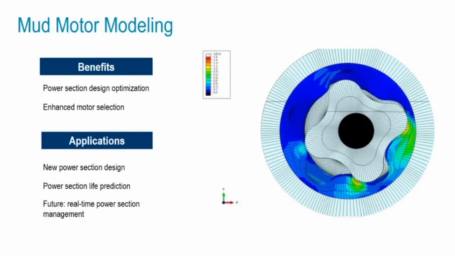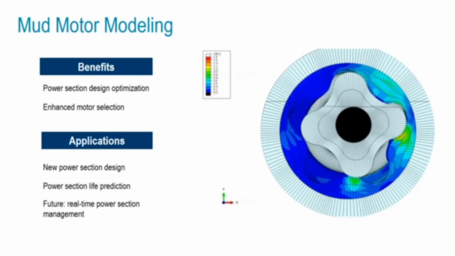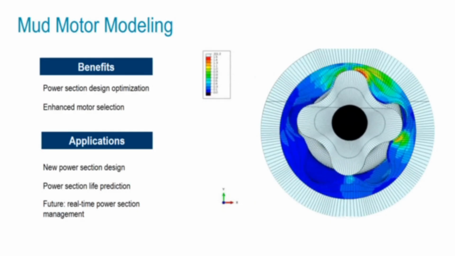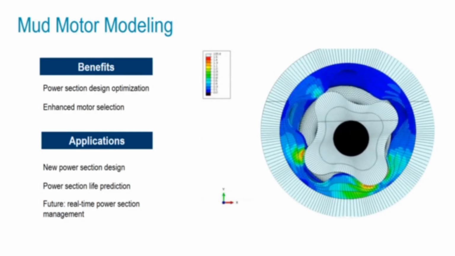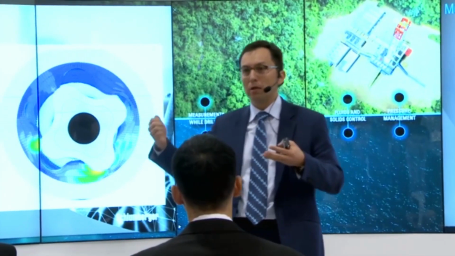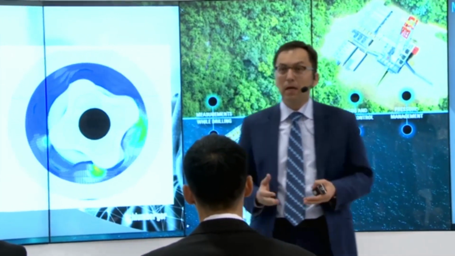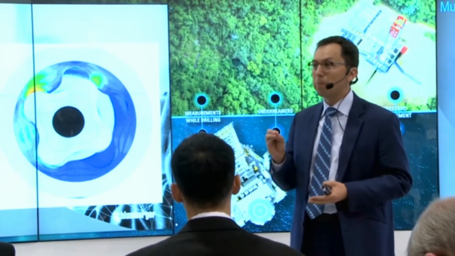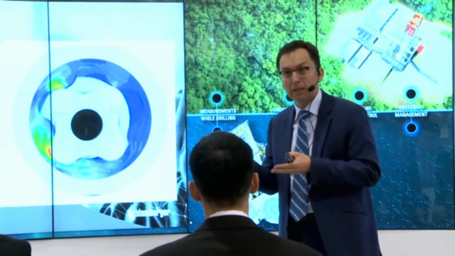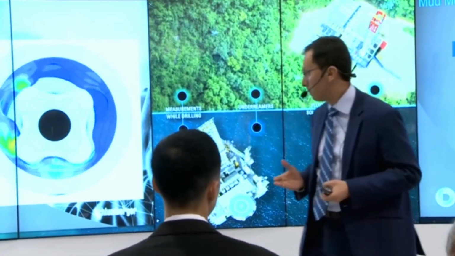And what we have seen is that we can very accurately predict, for example, the time it takes under a certain environment, meaning temperature, mud type, etc., and operating conditions, when the elastomer will start to fail and start to chunk. And we have seen maybe within 5% in terms of hours. Within a few hours, we can know that point. So that allows us to be very aggressive on the drilling parameters, and also to select the best configuration.